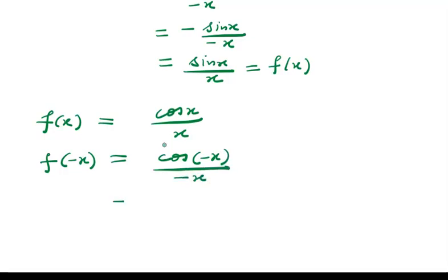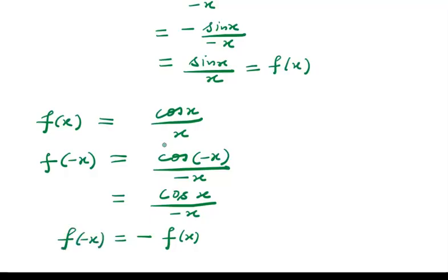Cos of minus x is cos x. And what you get is the negative of the function. Cos x upon x is f of x. So f of minus x is coming out to be minus f of x. It means this function is an odd function.